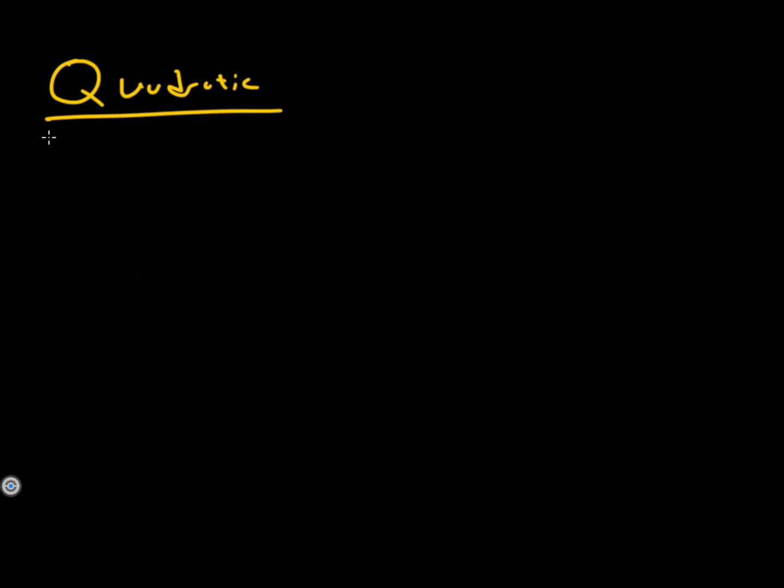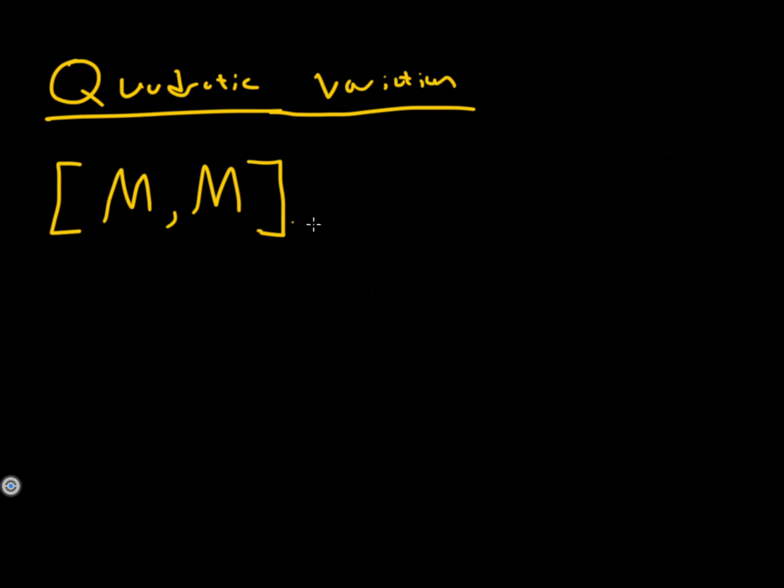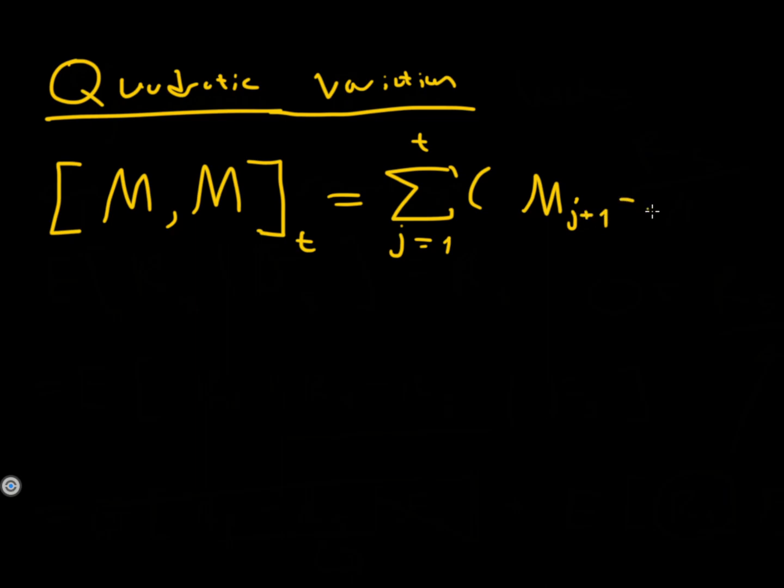Now, quadratic variation, or the second variation, can be shown as M, and then let's say at t, it is going to be equal to the sum from j equals 1 of (M_{j+1} minus M_j) squared, or M_j minus 1.